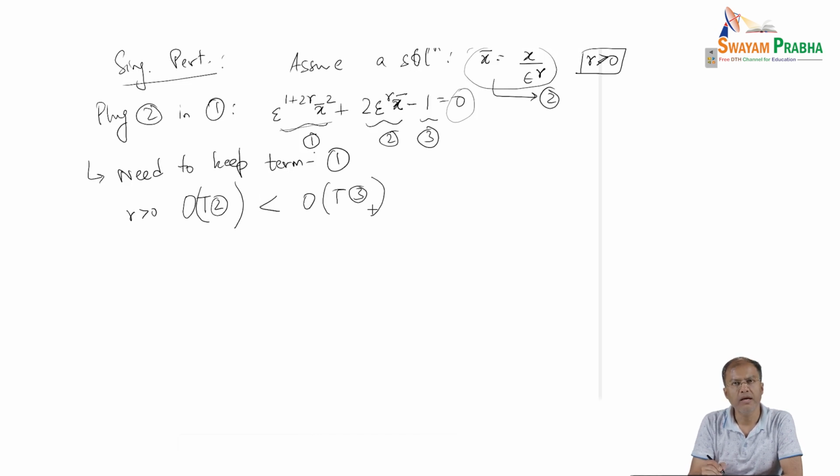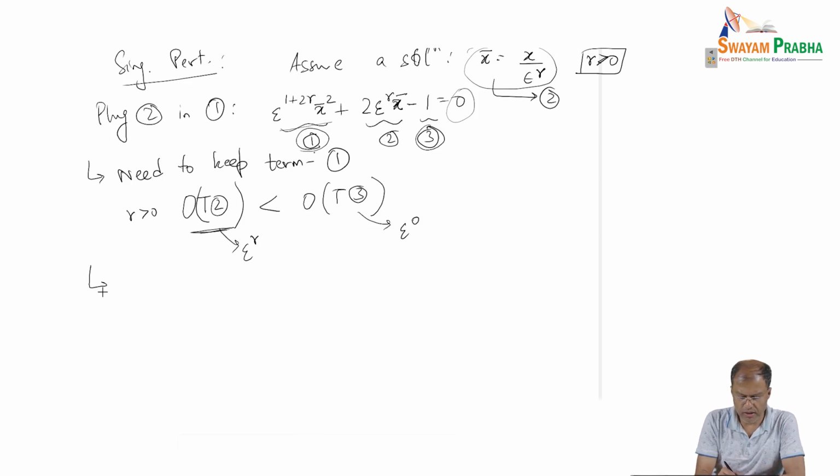Why is that? Because term 3 is epsilon to the power 0 term and term 2 is epsilon to the power gamma term, and we have taken gamma to be positive, right? So we have term 2 to be lower order than term 3. So we are going to balance term 1 with term 3, expecting that the lower order term will appear at the next approximation.